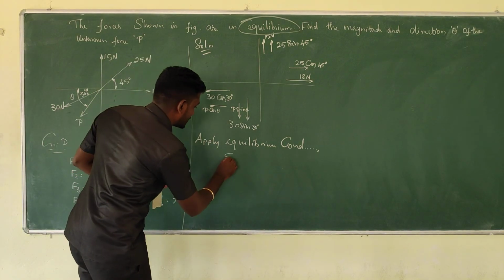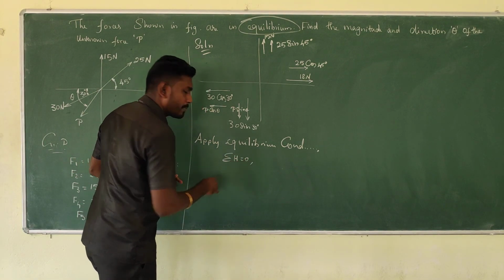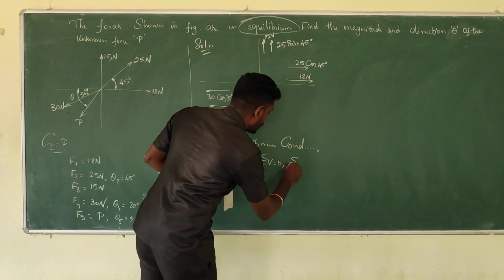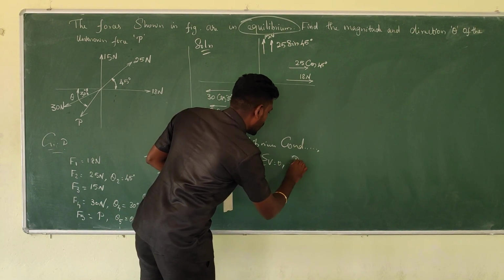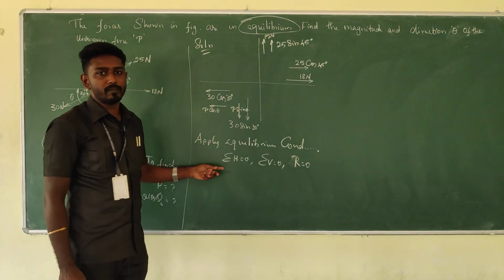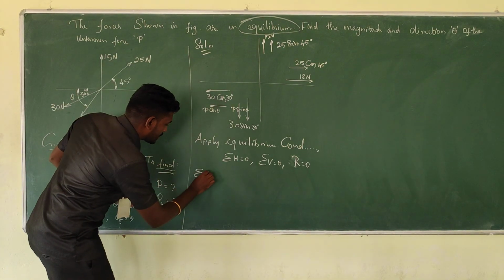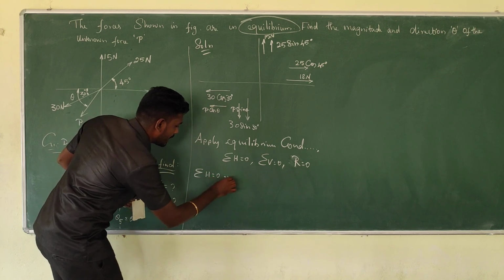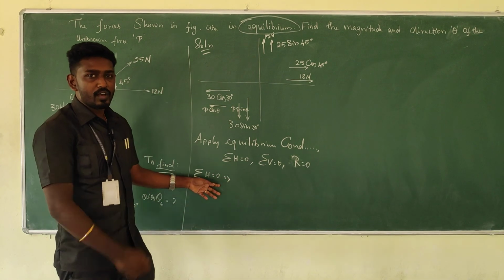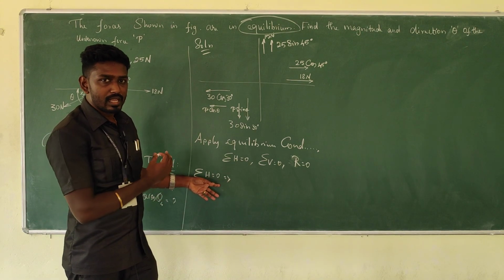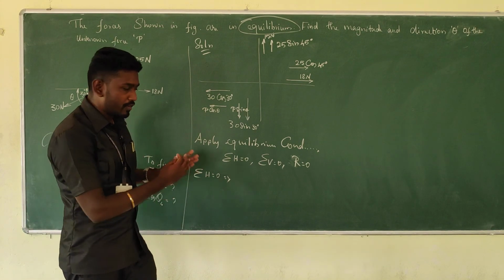So I can say summation of H is equal to 0, summation of V is equal to 0, and the resultant is equal to 0. Let's first apply summation of H is equal to 0 and see what we get.